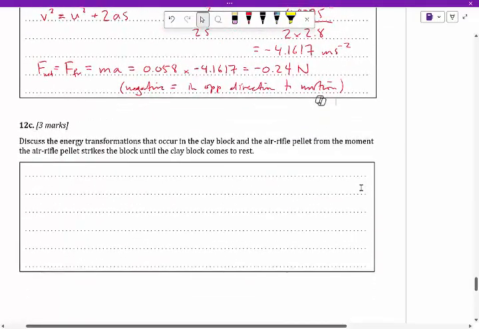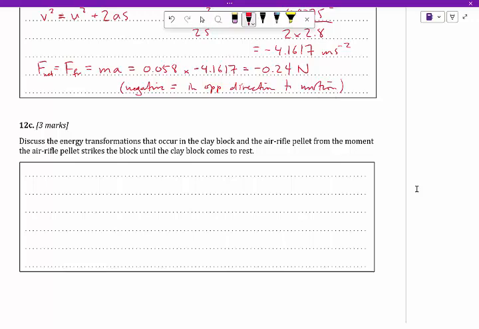12C. Discuss the energy transformations that occur in the clay block and the air rifle pellet from the moment the air rifle pellet strikes the block until the clay block comes to rest. So the first moment here is as the pellet is embedded, its kinetic energy is converted to internal energy.